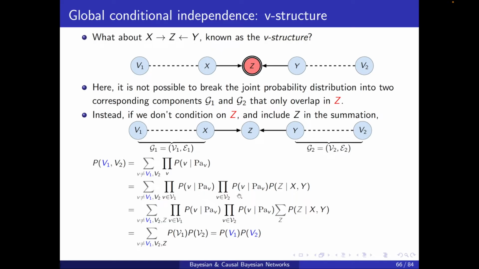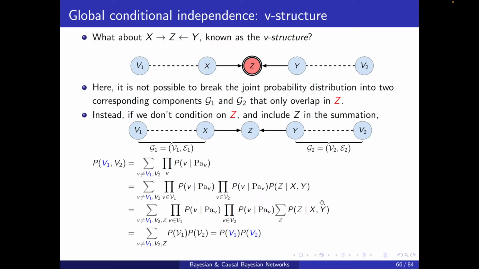Now, what I can do is that, from here to here, I will just do the summation, because none of these two terms will have the summation over Z, because neither X nor Y have Z as their parents, so it doesn't show up in any of them. So I can just put the summation over Z on this last term.